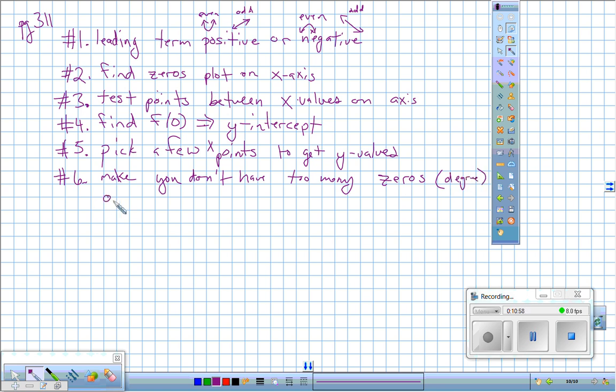Or make sure you don't have too many turning points as well. So that can be just your degree minus 1. If you have too many of those, then you haven't done a good job graphing. So degree minus 1. So those are your 6 steps that you'll kind of use to graph them. So let's do a few of them.